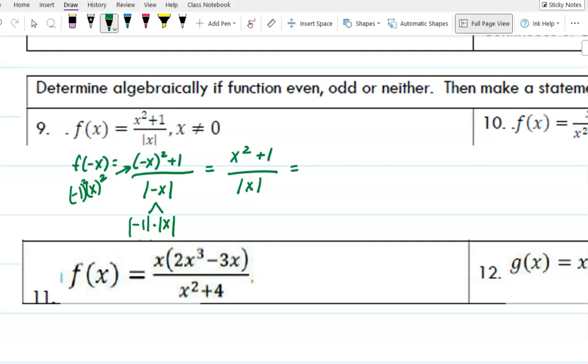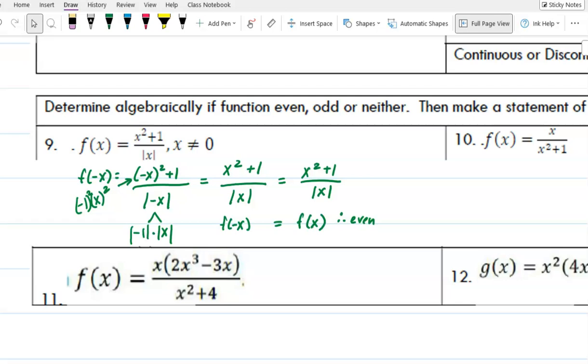What you notice is f of negative x equals the original function. Therefore, this is an even function. If I put in a negative 2 versus a 2, it's going to give me the same output. That's what it's saying. And this is a reflection over the y-axis.